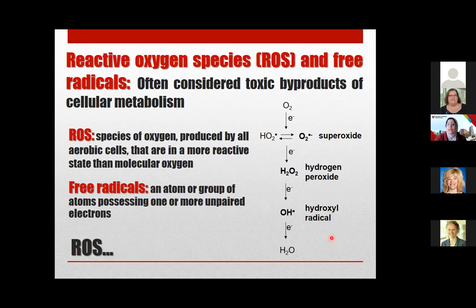As you can see in this sketch diagram, the superoxide is a precursor free radical that can lead to subsequent generation of other damaging reactive oxygen species, such as hydrogen peroxide as well as hydroxyl radical.